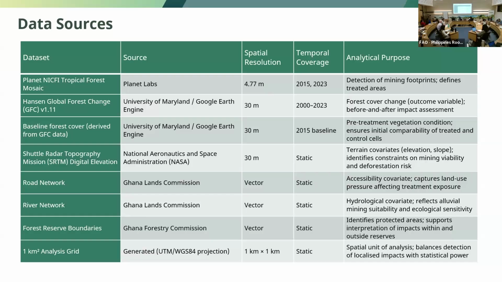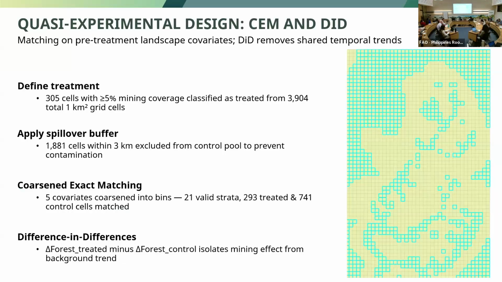We also were fortunate to have some data from the Ghana Lands Commission: the road network, and also the river network has been mapped, and the digital versions are available. And so data sources were not a problem for this case study. As you can see, that's the spatial resolution, the temporal coverage, and then the sources of the data.